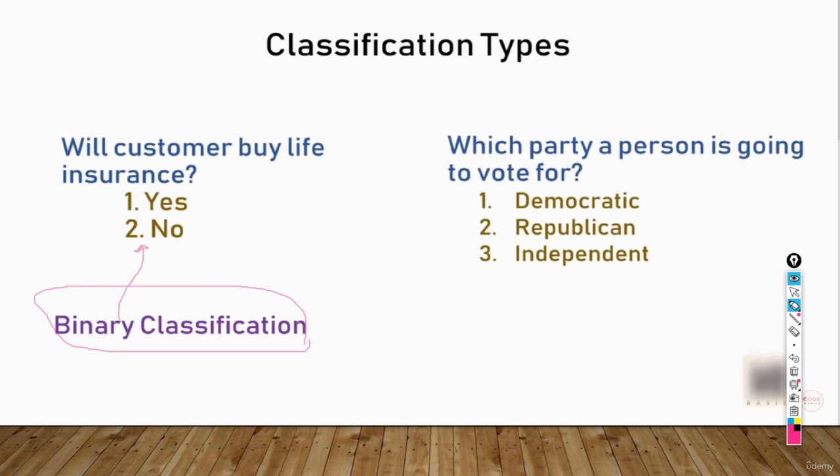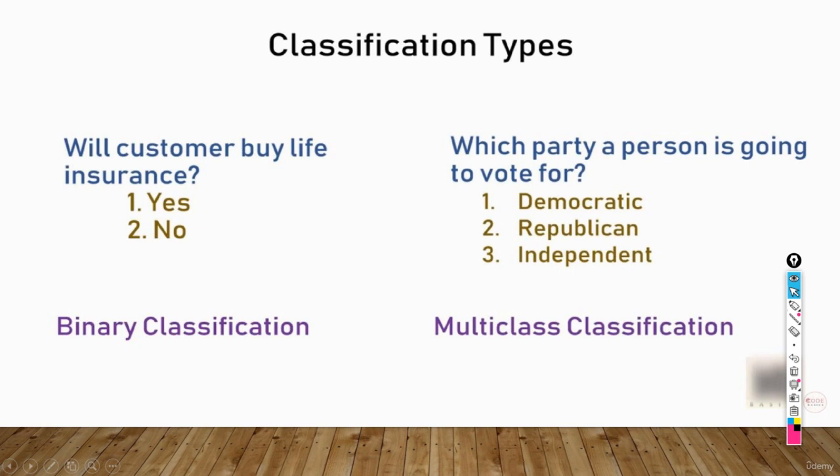Similarly, in the example of which party a person is going to vote for, you have more than two options. It can be many options, more than two, but it should be finite. Any problem with more than two classes is a multi-class problem. Here classes means this domain.